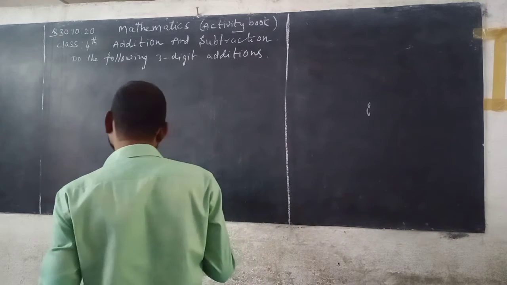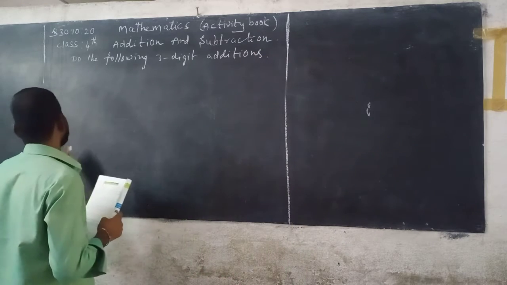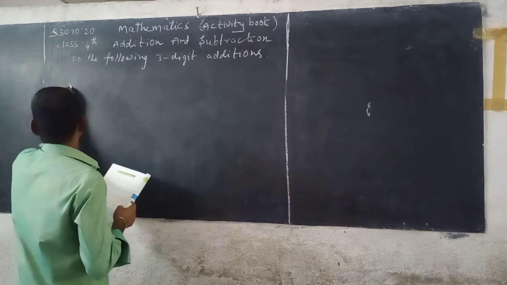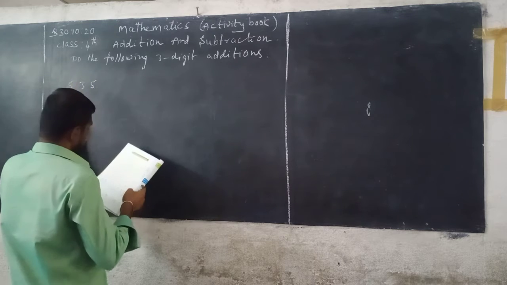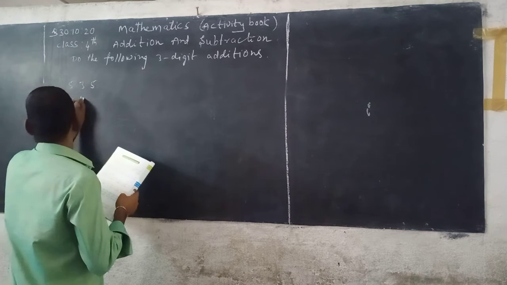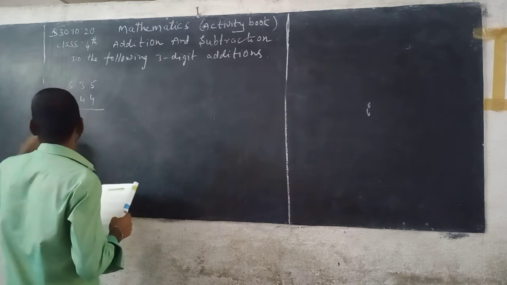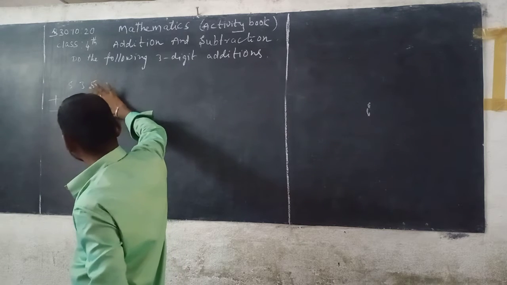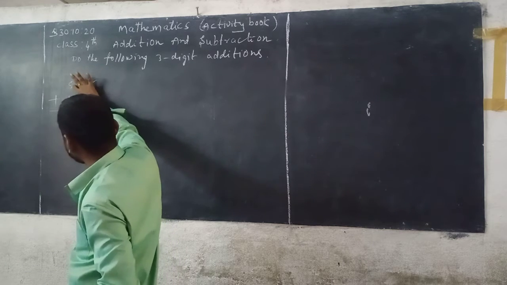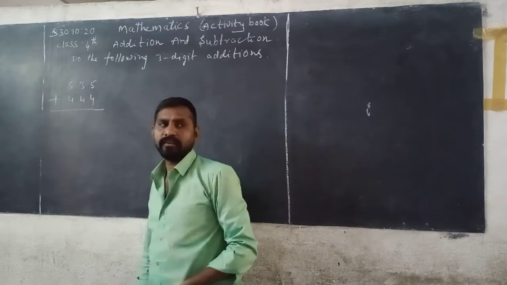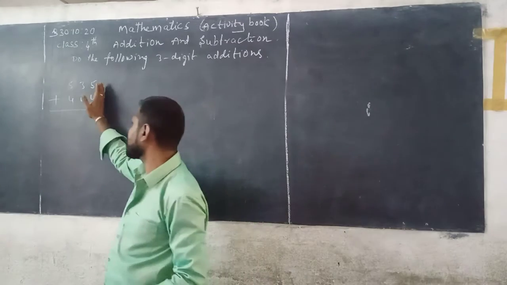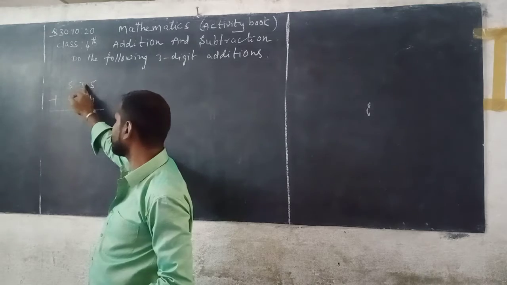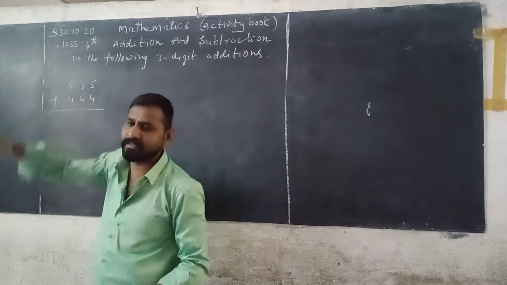Three-digit additions have three places: ones, tens, hundreds. 535 plus 444. See, this is ones column, this is tens column, this is hundreds column. So listen carefully. First add the digits in ones place, next add the digits in tens place, next add the digits in hundreds place respectively.